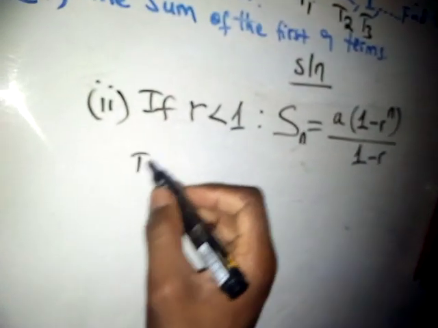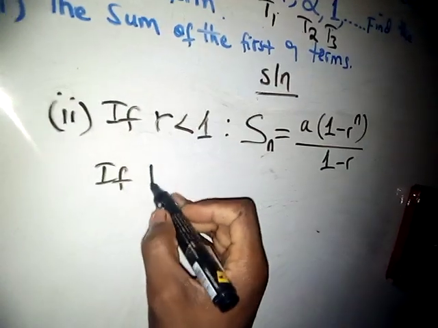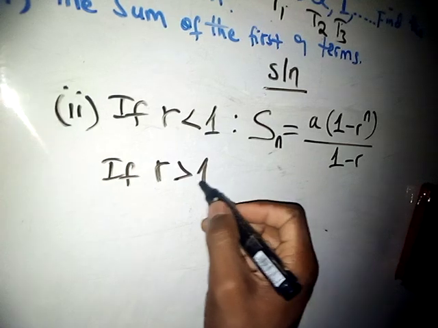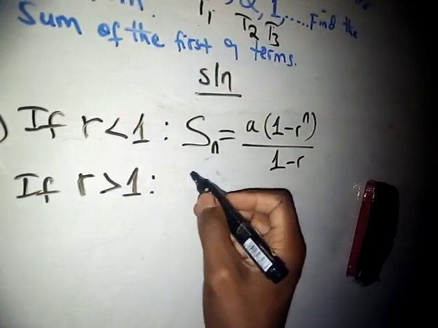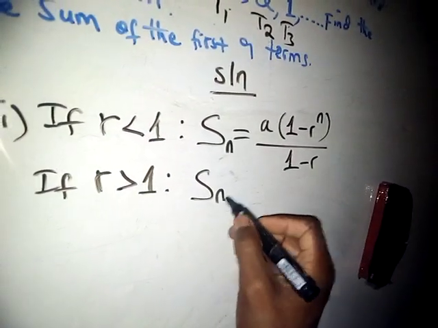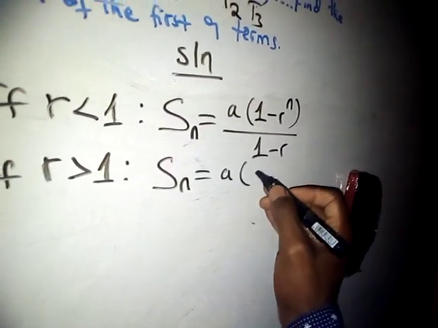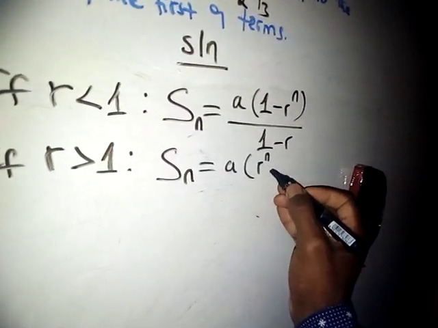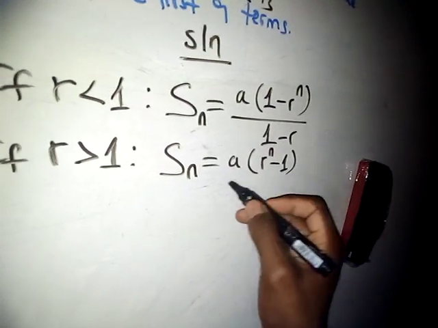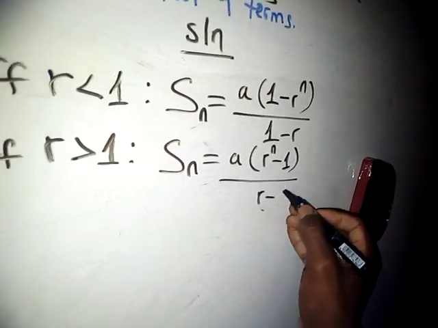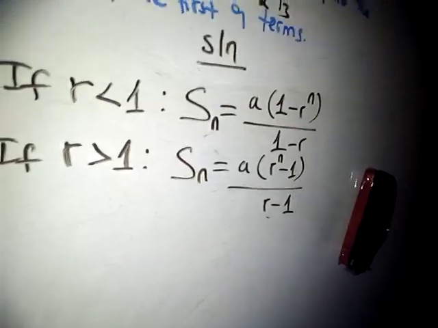But also, if the value of R is greater than 1, this simply means that the sum of the first n terms of a GP will equal A open, we have R to the power n minus 1, you close, and everything over R minus 1. This becomes the formula.